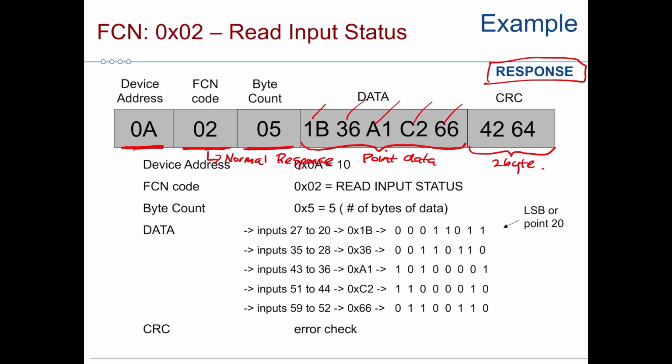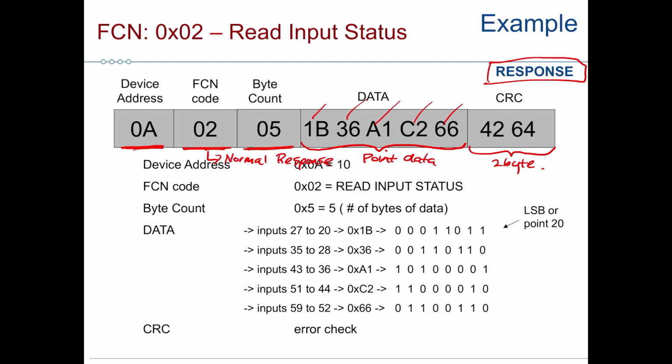And if we look down at the point data that we see here, there's a couple of really important things we need to understand from this raw data. This is what's called raw data coming back. How do we know what addresses belong to these points? Well, remember, we asked for a start address of 20. And really, knowing that that was the requested start address from the request is the only way we're going to know what the address association is from this response.